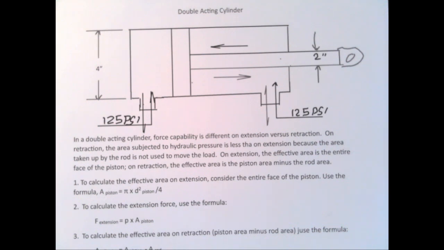Force equals pressure times the area, and especially the area will make a difference. In a double acting cylinder, first of all, I put some subscripts in here as the book did, but you're going to have two areas to consider in this.